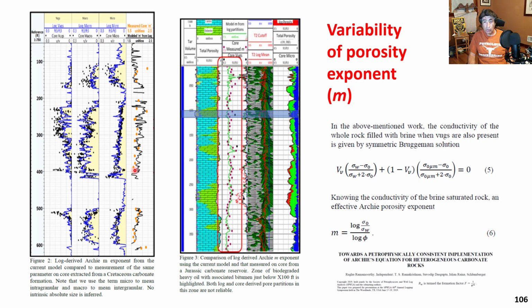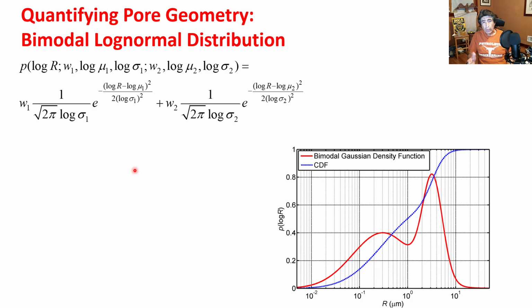And so one way to attack this problem is to, from the get-go, describe these properties, be it the pore size distribution or the throat size distribution, as a bimodal curve. For instance, doing a log normal distribution, or a superposition of two log normal distributions.